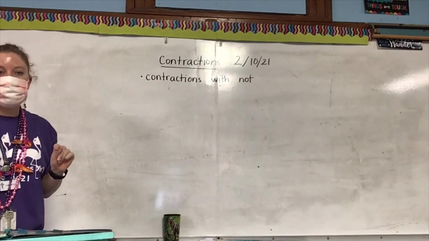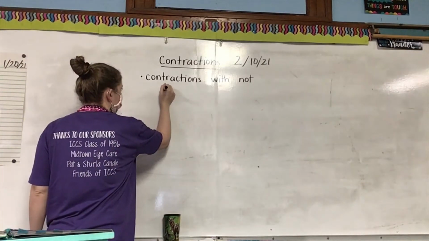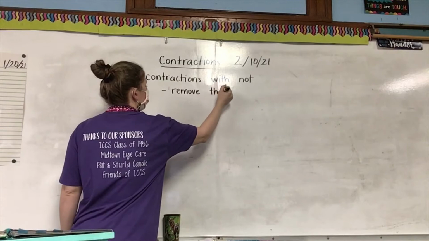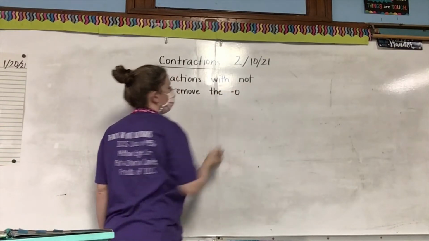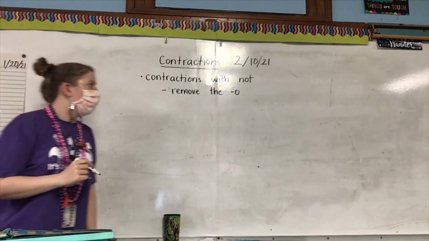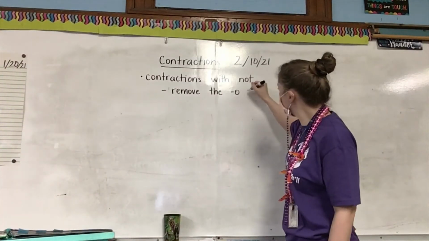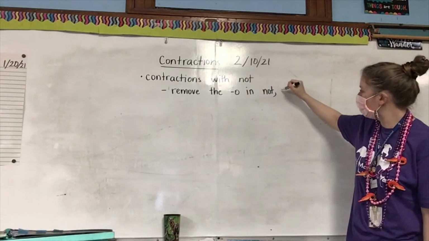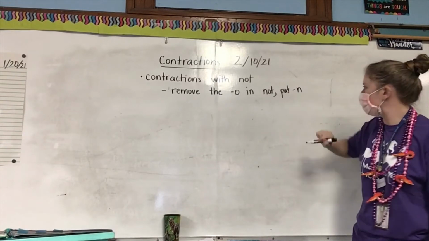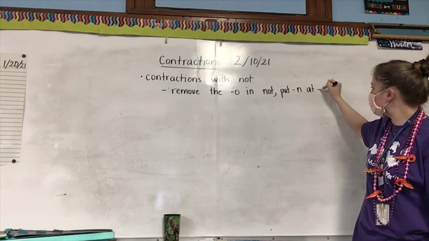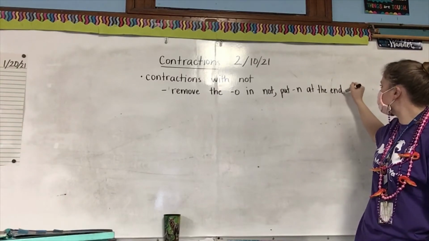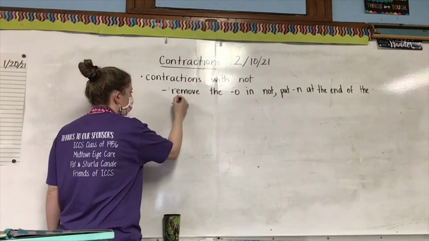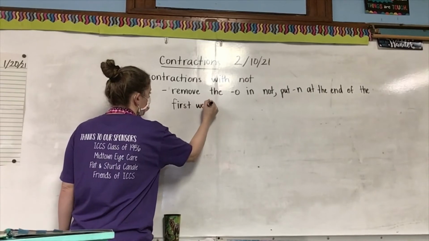So, how do you form contractions with not? Well, remove the O. Remember that dash O means letter O. Remove the letter O in not. Put the letter N at the end of the first word.